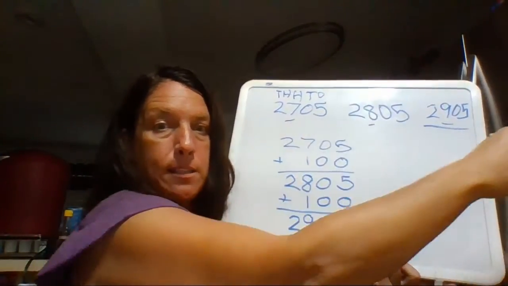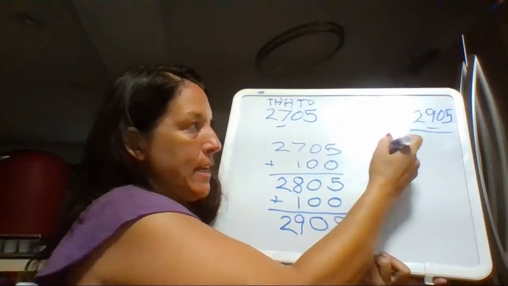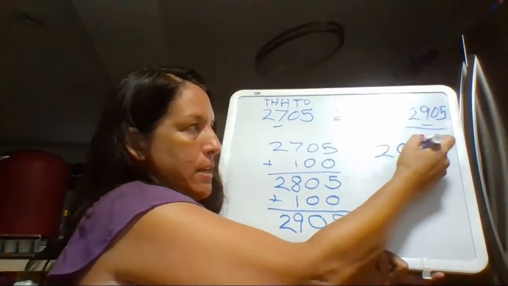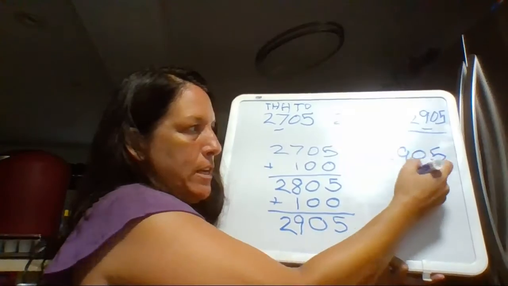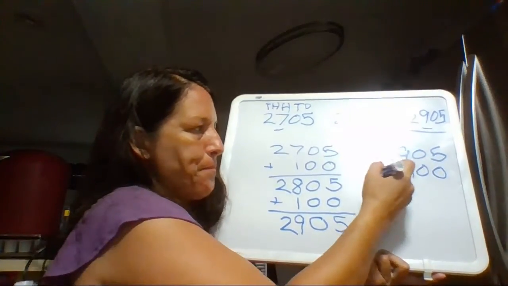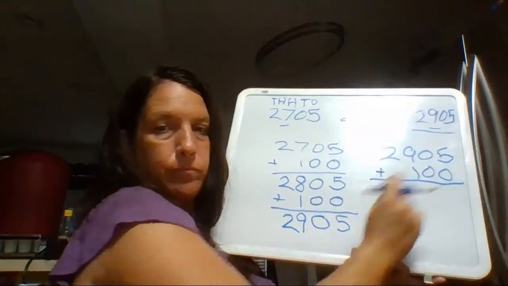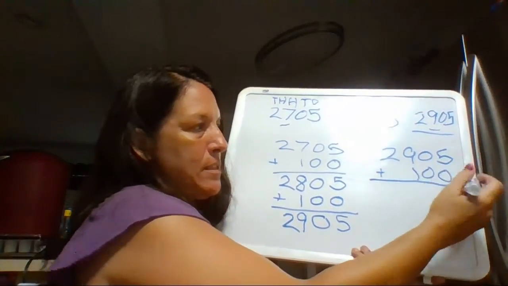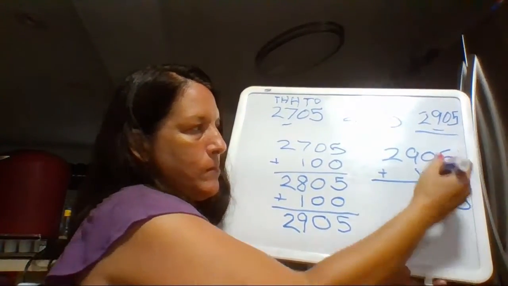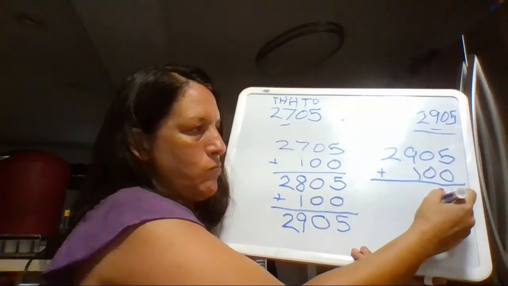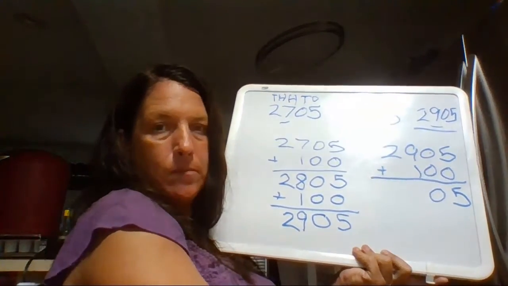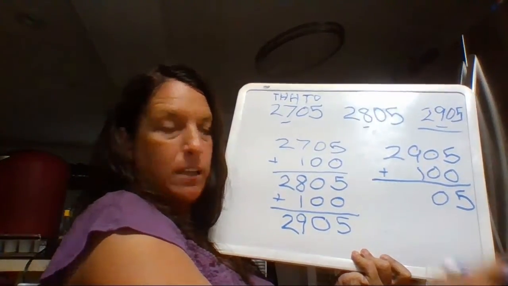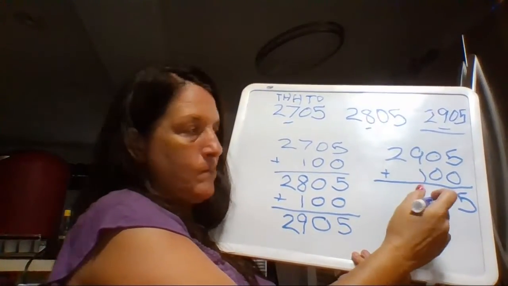So to get the next number in the pattern, we're going to take 2,905 and add another 100. Okay? What's 5 plus 0? What's 0 plus 0? What's 9 plus 1? 10. Can I put 10 down here?